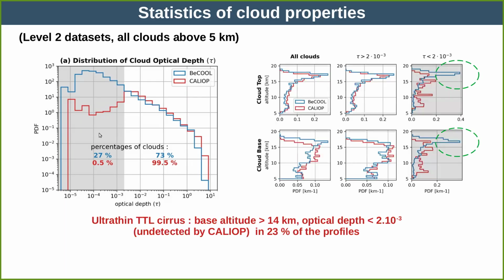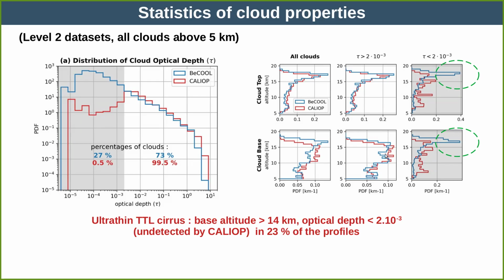So now if we look at the cloud top altitude and cloud base altitude of those clouds, those really thin clouds on the left-hand part that are not detected with CALIOP, we see a clear peak up in the TTL.